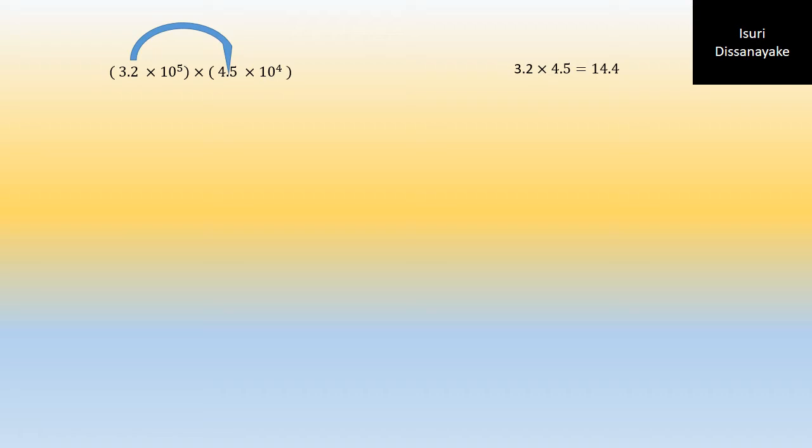Then we can multiply 10 to the power 5 with 10 to the power 4. As we know, the indices rule says if the base is the same, we can add the powers, such that it becomes 14.4 multiplied by 10 to the power 9.